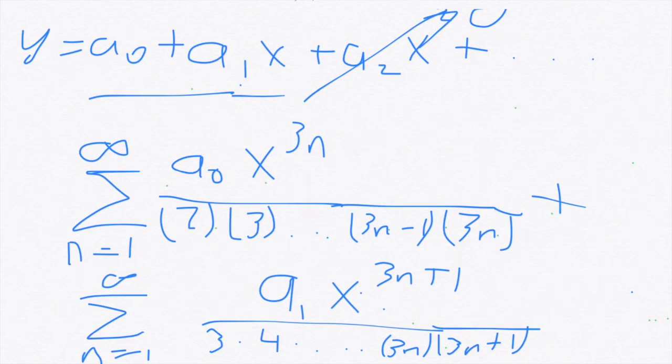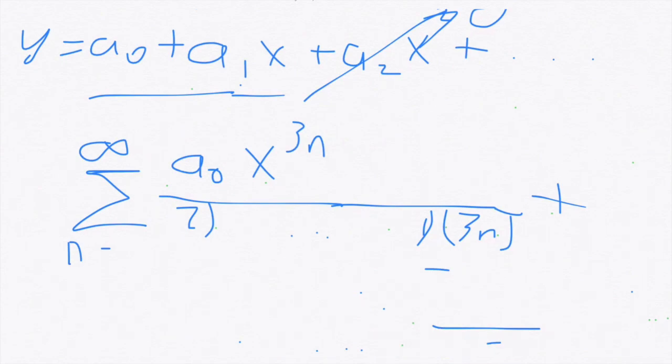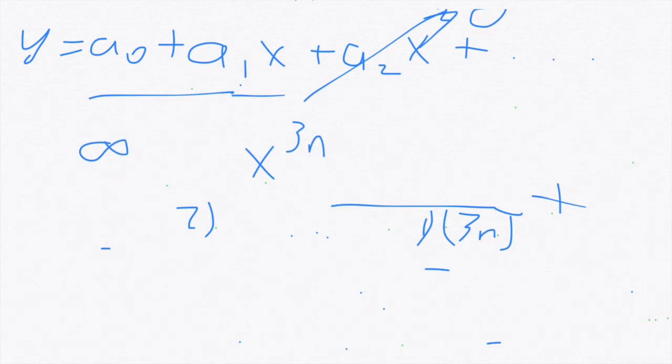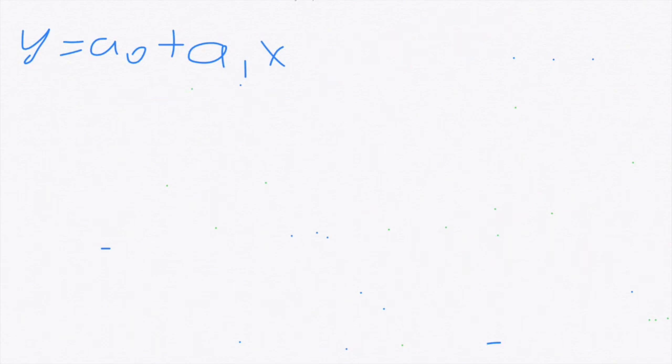And so our final solution to the original differential equation, y double prime minus x times y equals 0, is y equals a of 0 plus a of 1 times x plus our two series.